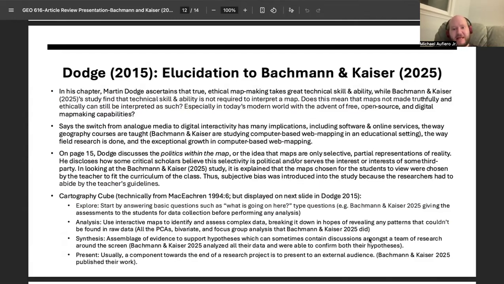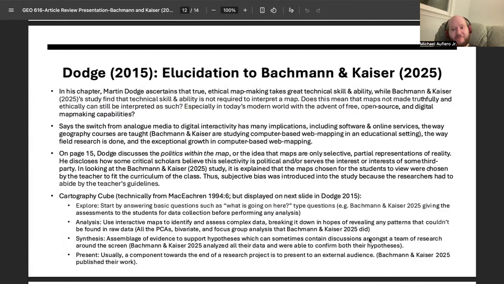So a question to ask is, especially in today's digital world where there's a lot of open source and free data and almost anybody can make a map, what if unethical or untrustworthy maps are created and people have access to them?